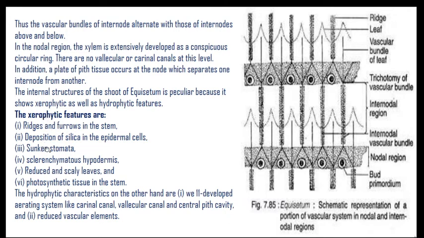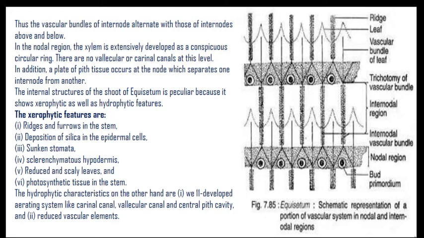Sclerenchymatous hypodermis is a xerophytic characteristic, and reduced scaly leaves are also a xerophytic character. The photosynthetic tissue found in the stem also shows the characteristics of xerophytic plants.